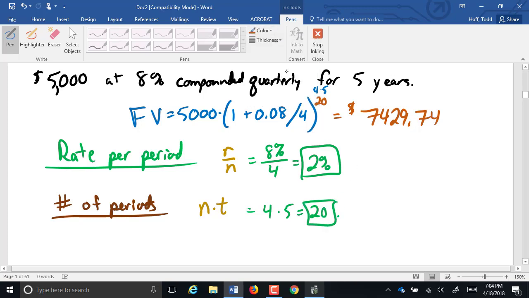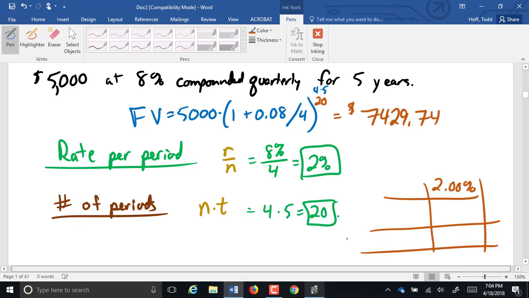So you would look at that table on page 463. You would look on top at 2.00%. You would follow that column down to 20 periods on the left side, and you would get 1.48595.